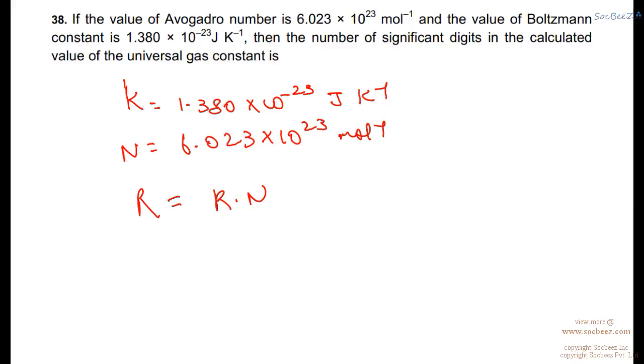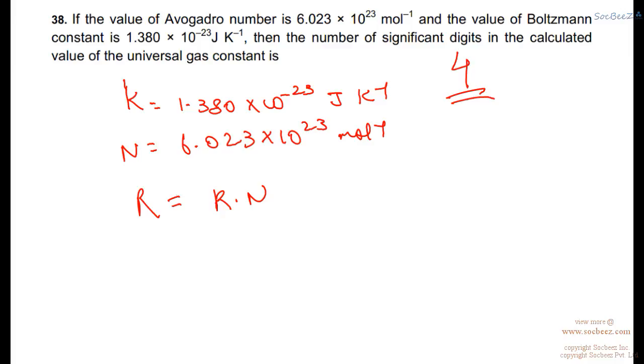Now, there is a concept of significant digits, that the number of significant digits in the product of two or more numbers should be equal to the number of significant digits present in the number which has the least number of significant digits. Well, in this case, since both of the numbers contain 4 significant digits, the correct answer is 4.